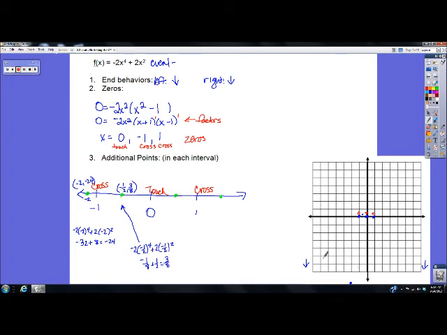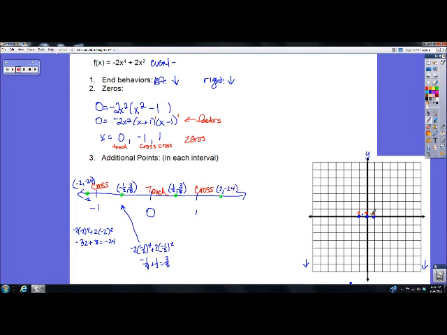Now, just kind of give you a hint here. This graph is going to be symmetrical across the y-axis. So if I plug in a positive half, we're going to get 3/8. And if I plug in positive 2, I'm going to get negative 24 also.